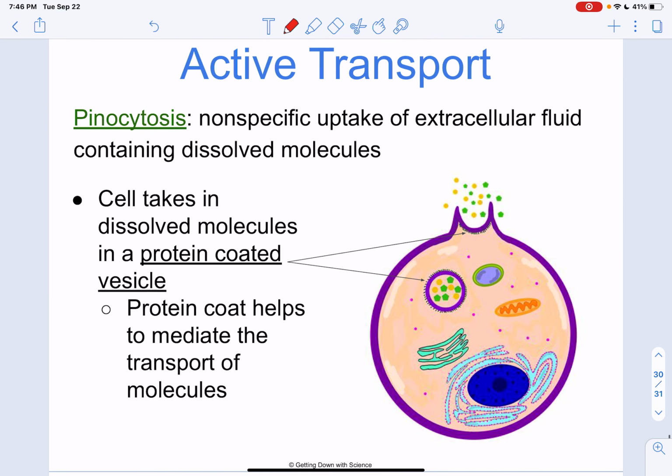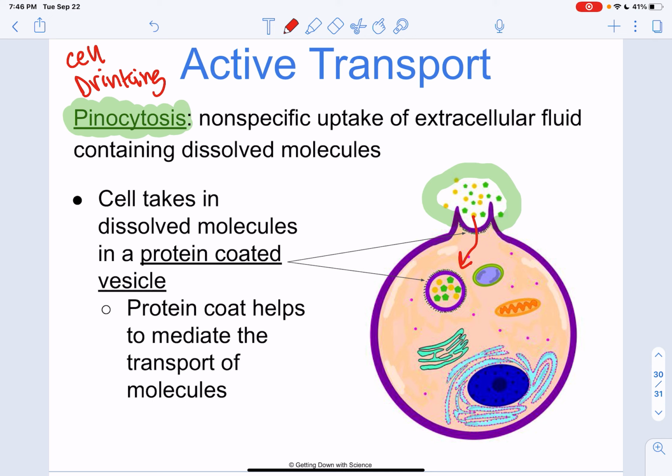Our next type of active transport is going to be pinocytosis. Think of cell drinking. What pinocytosis is going to do is take in a bunch of material from the outside environment, engulf it into a vesicle, and bring it to the inside.